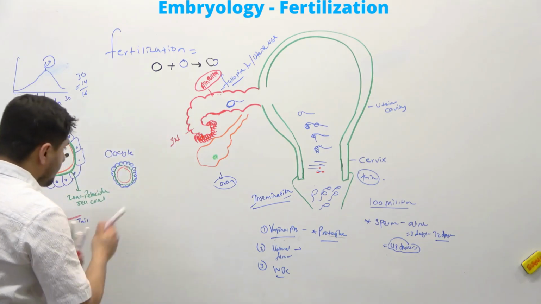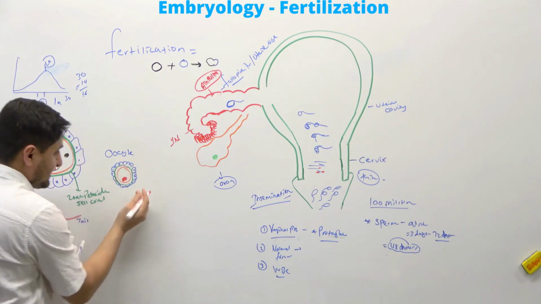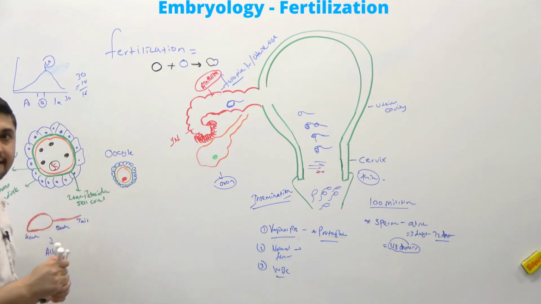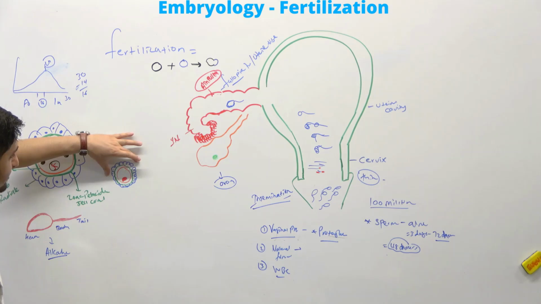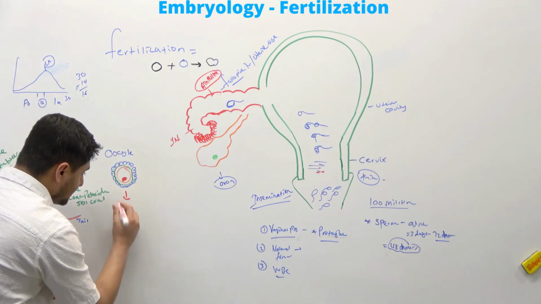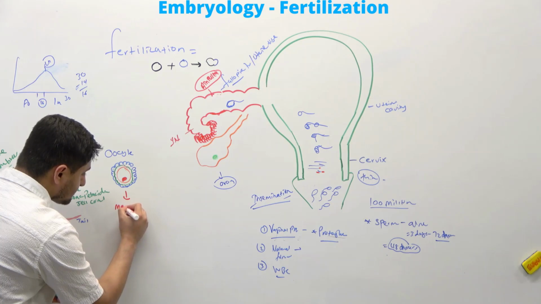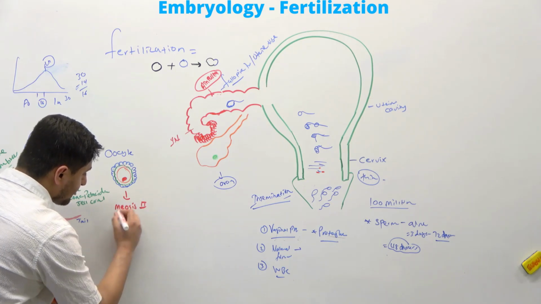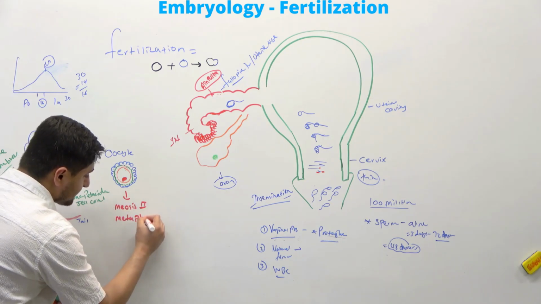Inside that there's a nucleus right here. So basically, these guys are secondary oocytes. And these secondary oocytes are arrested at this phase, which is meiosis 2 of the metaphase, and you have to remember this. Sometimes they ask this.